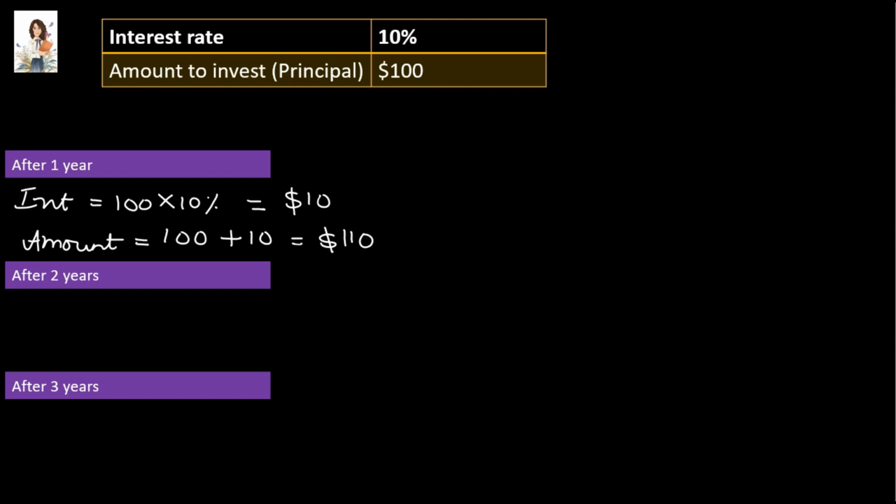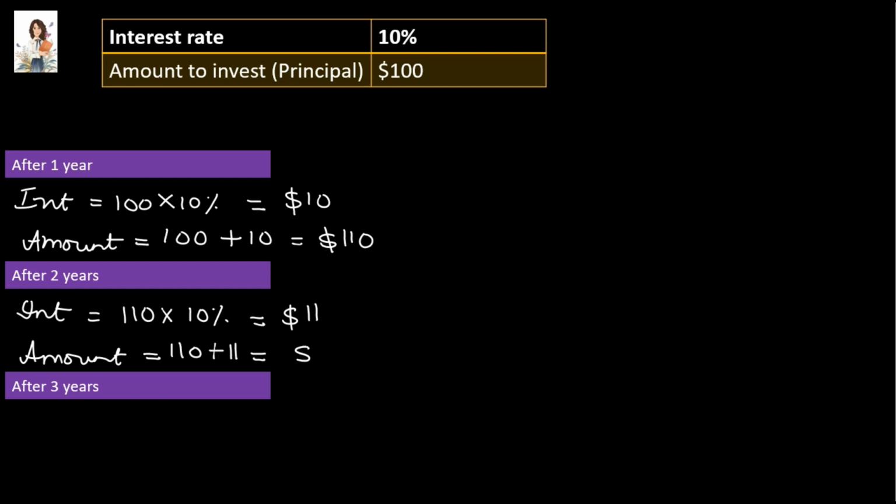If I were to reinvest the $110, I would get interest of 110 into 10%, that is $11, and the total amount would be 110 plus 11, that is $121 at the end of 2 years.